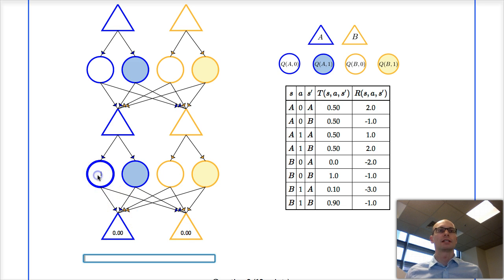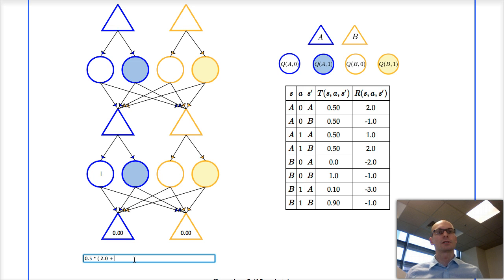And to compute the value over here, this is being in state A, having taken action 0, and there being 1 time step left. So in state A, taking action 0, we get with 50% chance a transition to state A and a reward of 2.0. So we have 0.5 times 2.0.